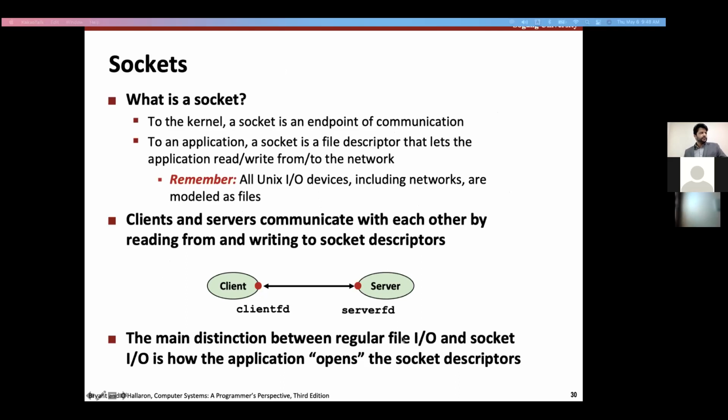So what is actually a socket at a very basic foundation? To a kernel, a socket is an endpoint of communication, and to an application, a socket is a file descriptor that lets the application read from and write to the network. Please remember that all the Unix IO devices, including networks, are modeled as files.